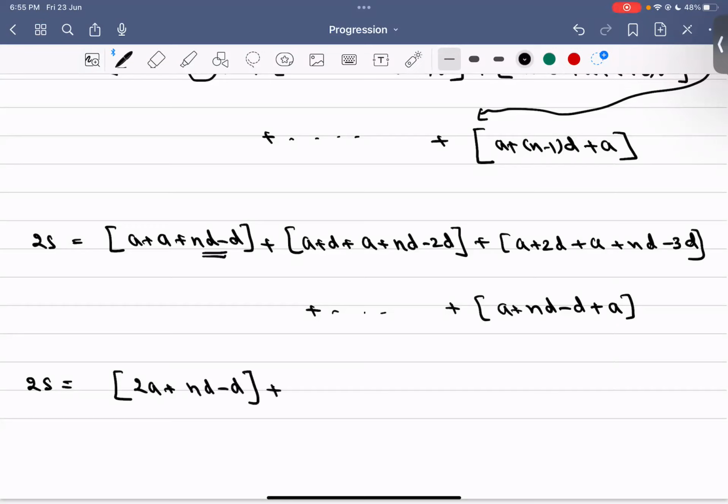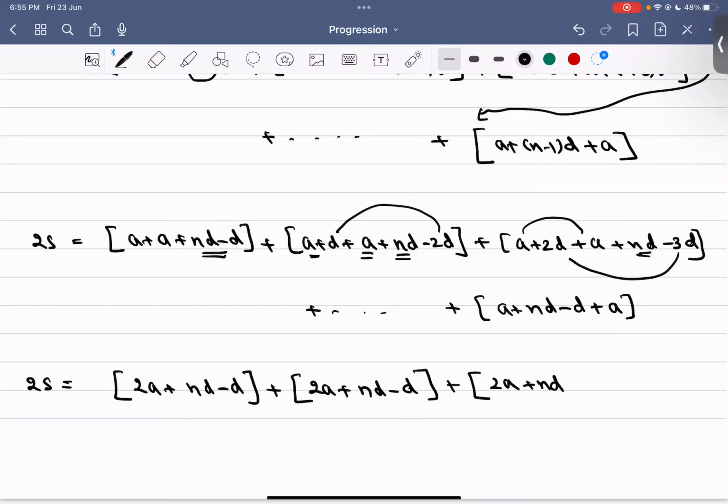First, plus here A plus A, 2A, plus ND as it is, minus 2D plus D, that is minus D. Plus here A plus A, 2A, ND as it is, next minus 3D plus 2D, again minus D. Plus etc. Plus the last bracket is A plus A, 2A, here ND minus D.